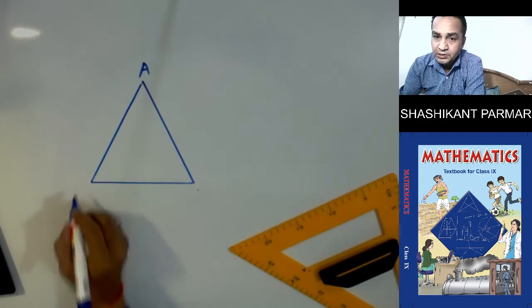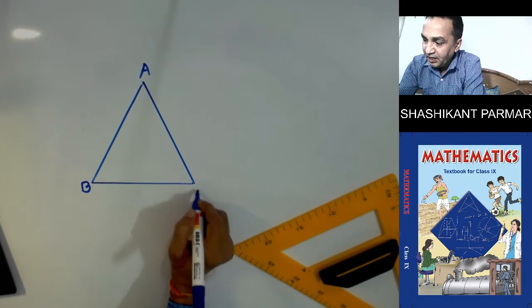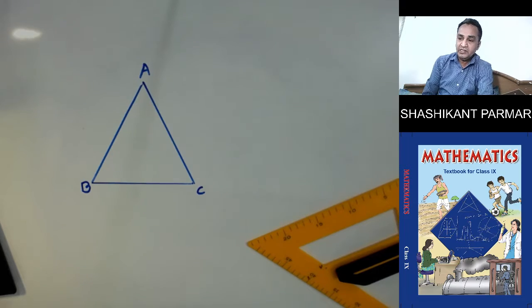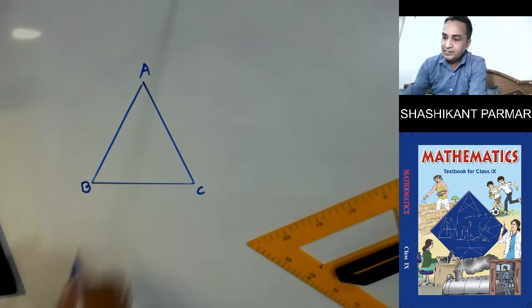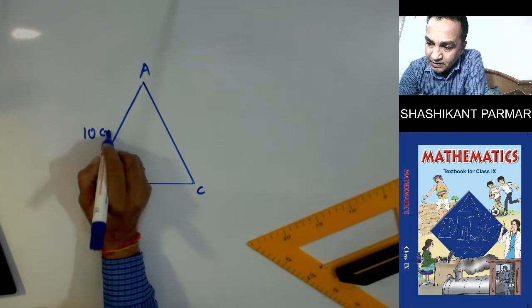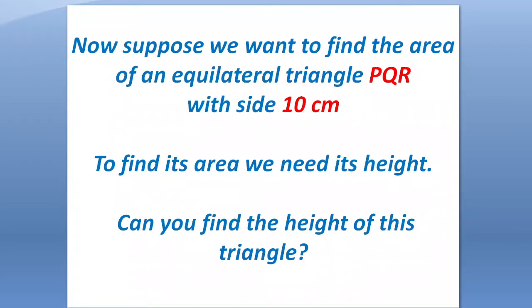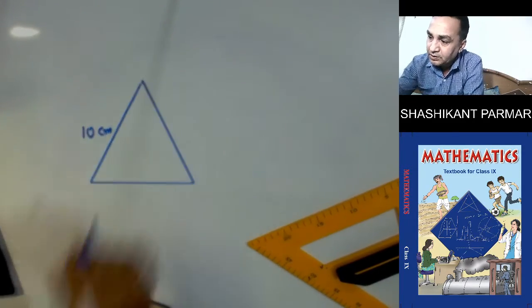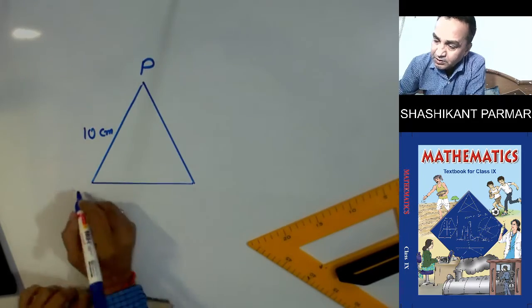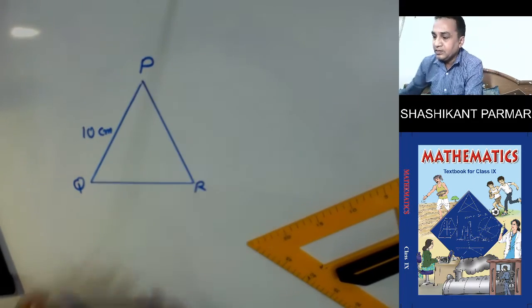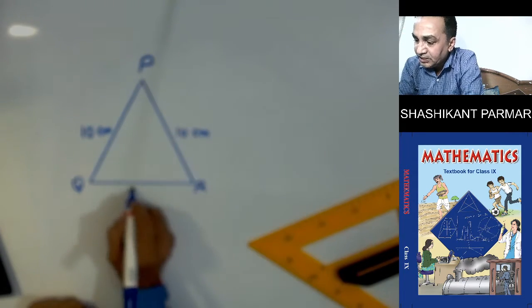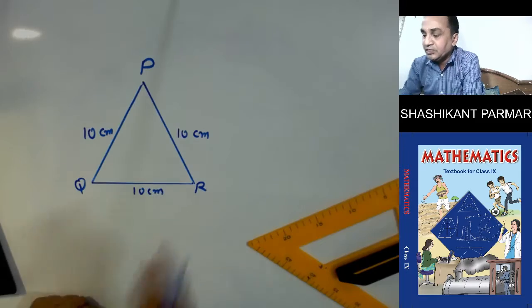Now see here, PQR is an equilateral triangle with side 10 centimeter each. So each side is 10 centimeter, 10 centimeter and 10 centimeter.